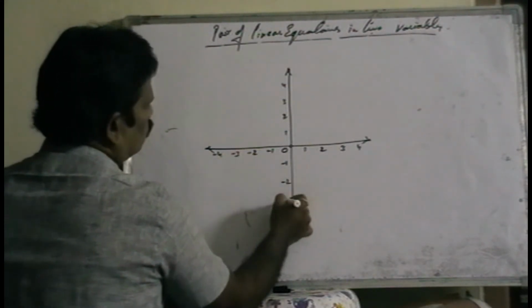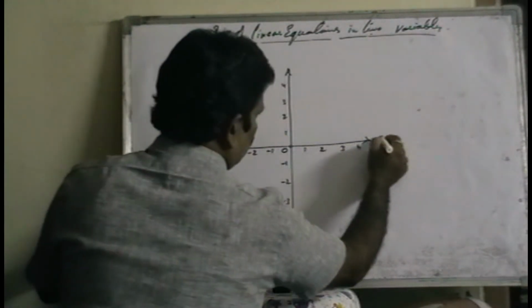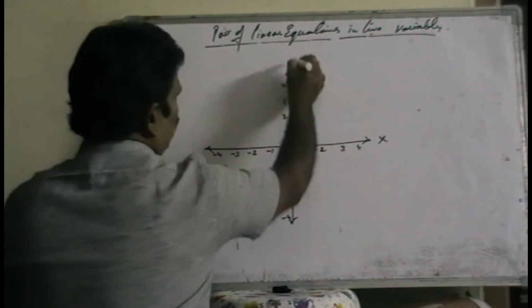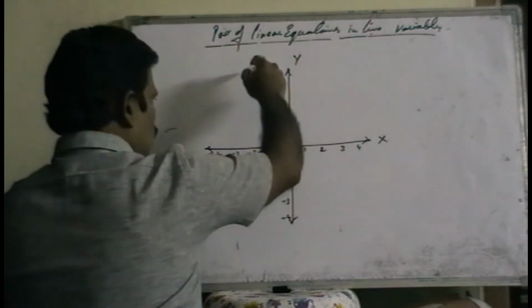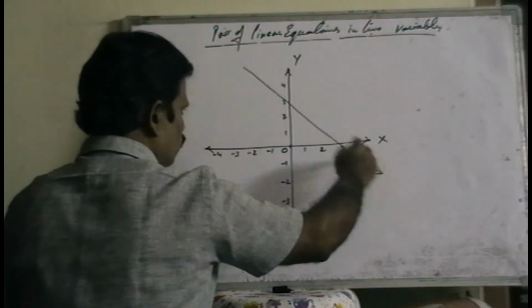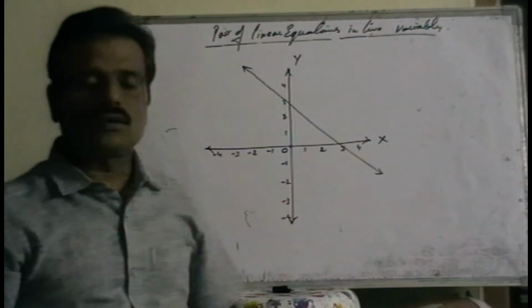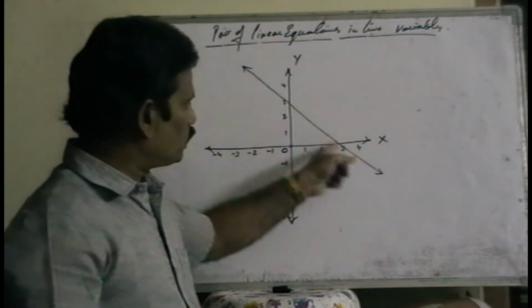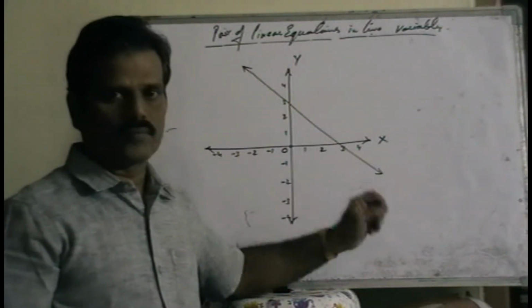It has the horizontal axis, the x-axis, and the vertical line, the y-axis. Suppose the line is passing through like this. It is a line only. So what is the equation of this line?